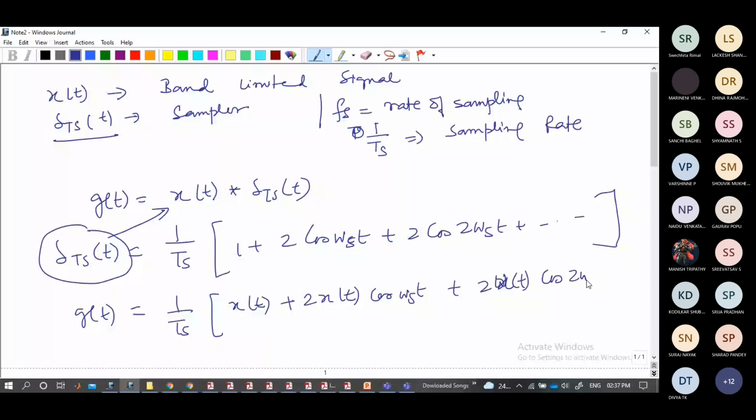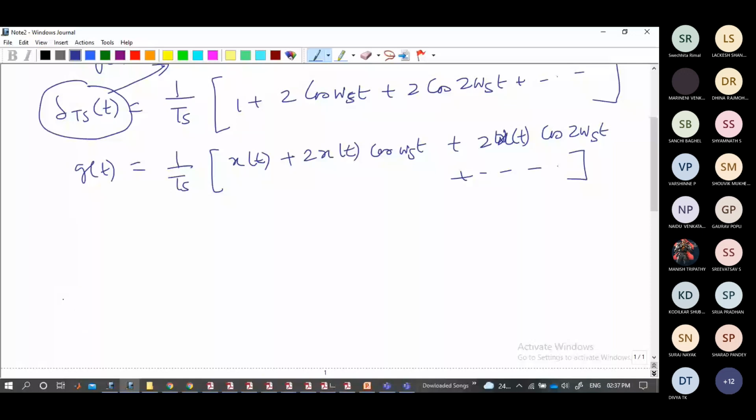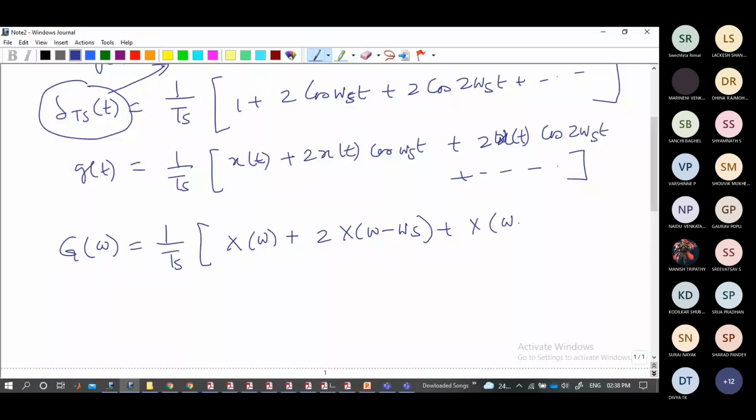All right. Now if I take the Fourier transform of this, that is in the frequency domain, so G of omega becomes, let me just do that as well so that at least you have an idea. Ideally it will be X of omega minus omega s, plus X of omega plus omega s.